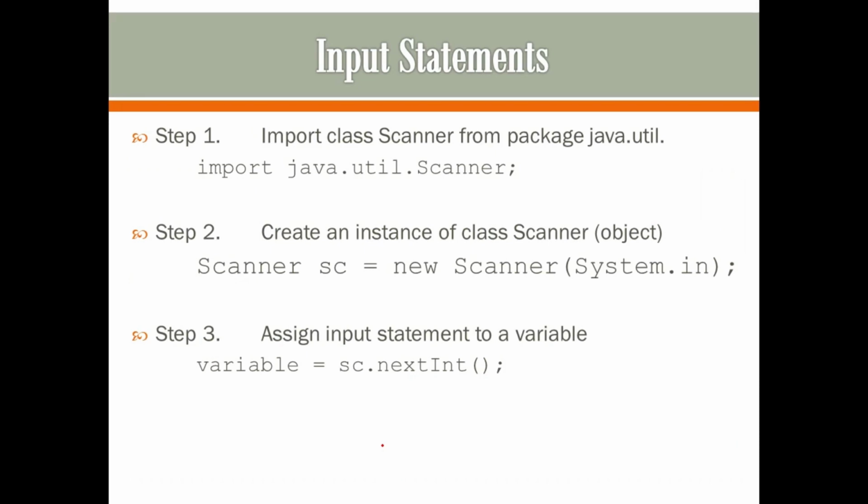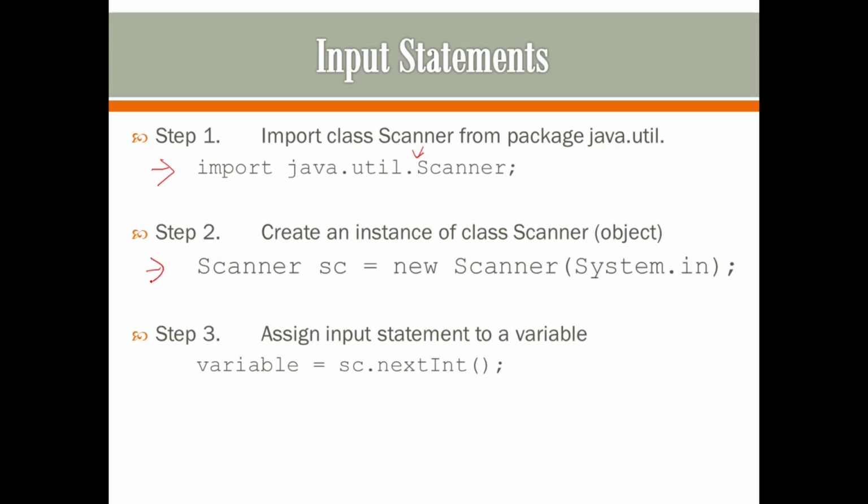If you want to write the input statement, we have three steps. Step 1, we need to write the import of the class Scanner from the package java.util, which is import java.util.Scanner semicolon. Must remember S is a capital letter.